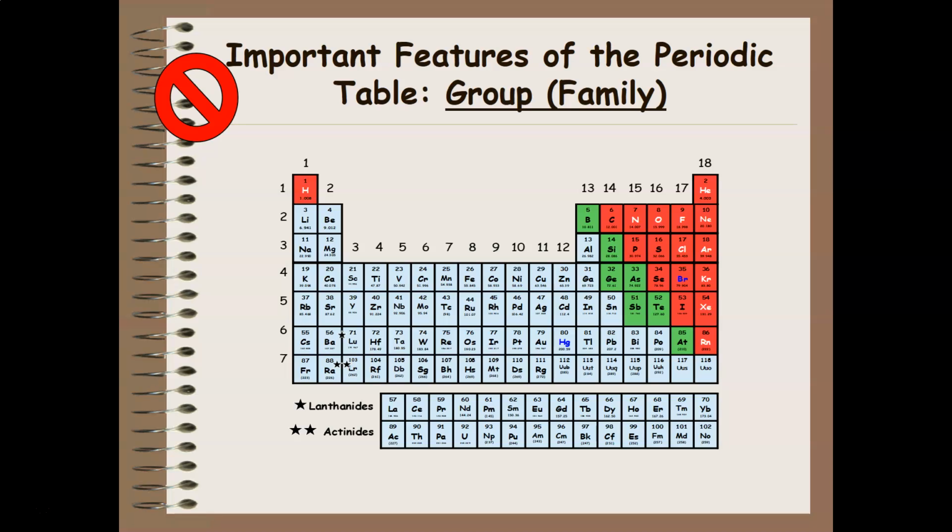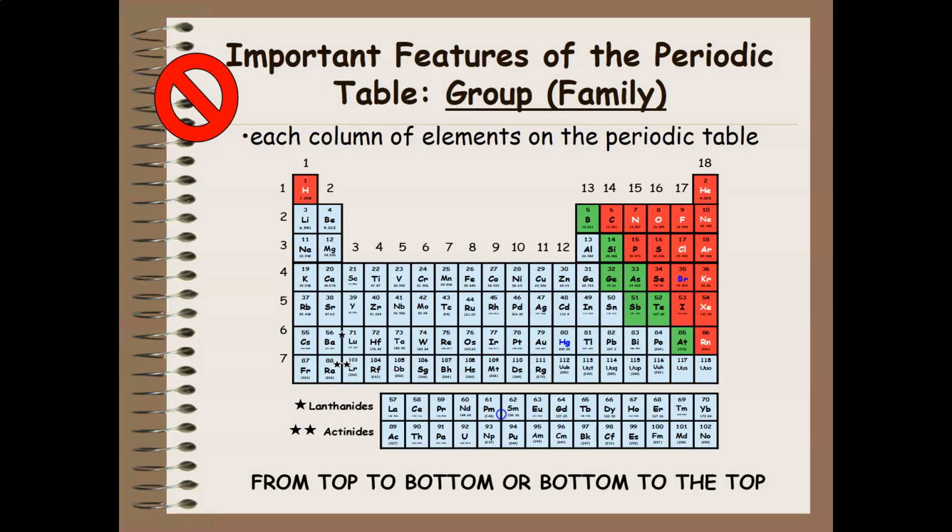Groups or families go up and down. The reason they used to call them families is because people in a family tend to maybe look a little bit alike. They have some characteristics or maybe some behaviors that are the same, but they're not identical, right? You may look a little bit like your brother or sister, but you're not identical.